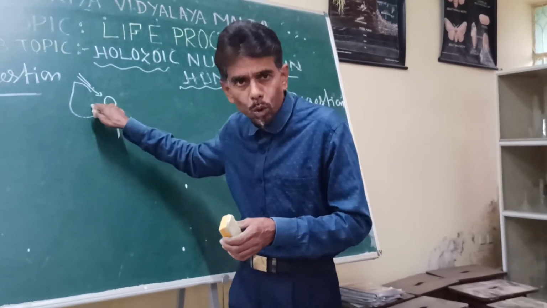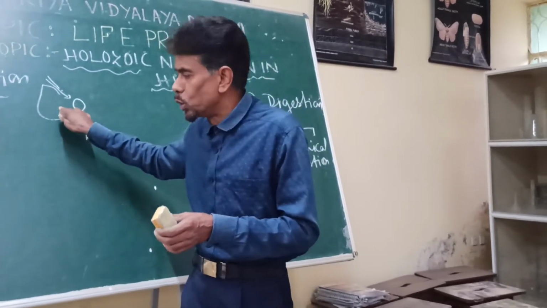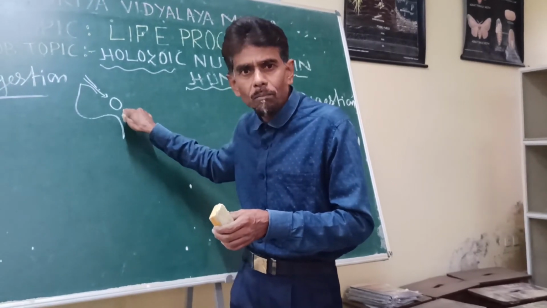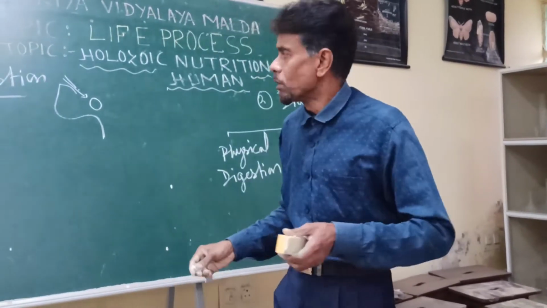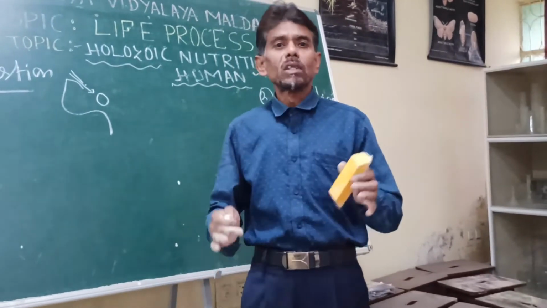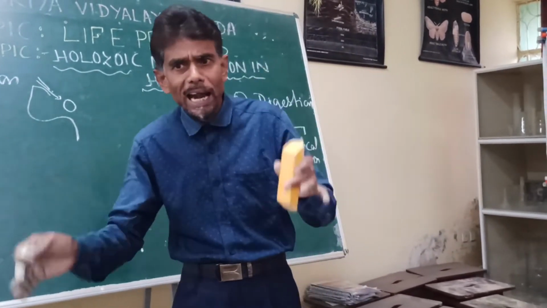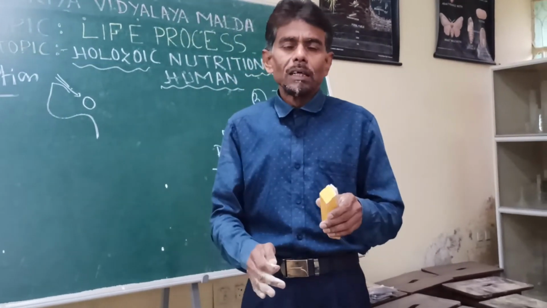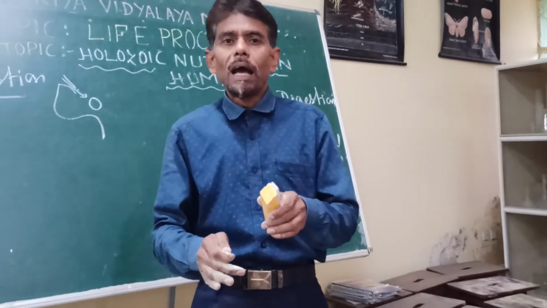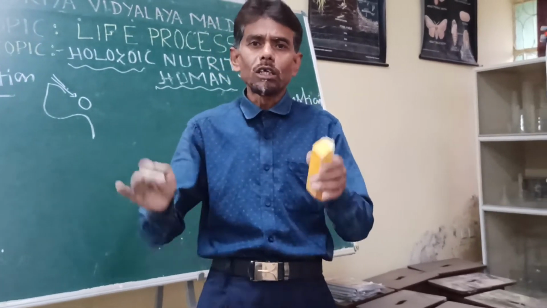While doing so, watery juice mixes with the food material. What is that watery juice? Where is it coming from? We have 3 pairs of glands. What are those? These are parotid, sublingual and submaxillary or submandibular.